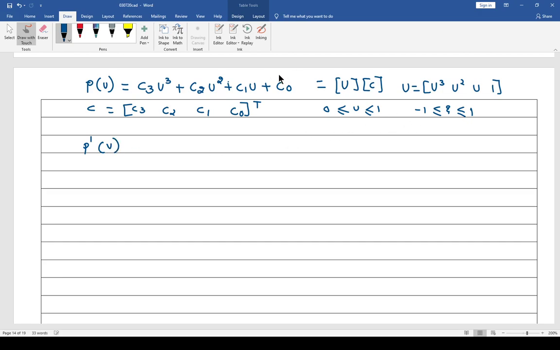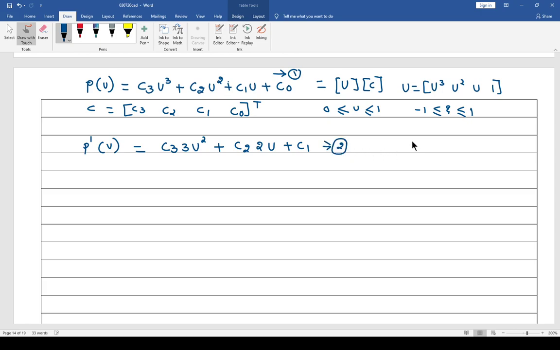This is my equation 1, which I derived, and I am going to differentiate it. By differentiating I get C3 times 3u square plus C2 times 2u plus C1. This is my equation number 2.